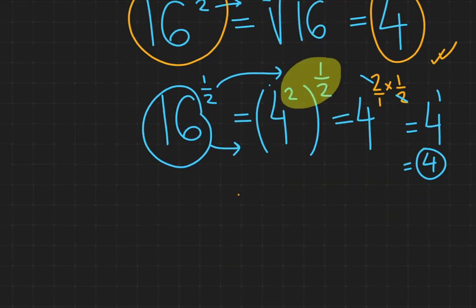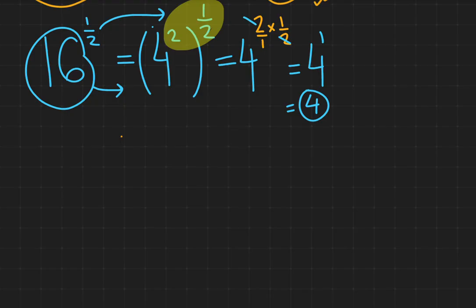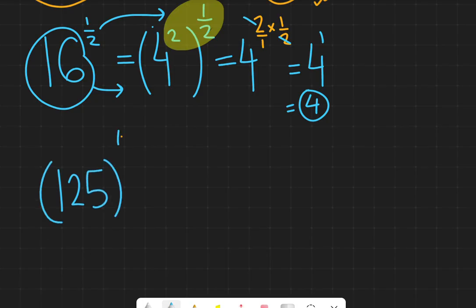Now this example that we just completed will be very important, because using this example, we can solve so many different questions. If we have, for example, 125 to the power of 1 over 3. Now, just for a second, let's focus on number 125.